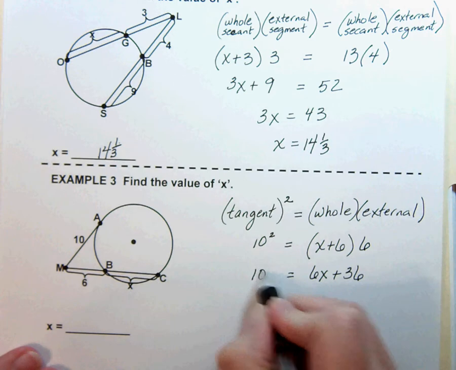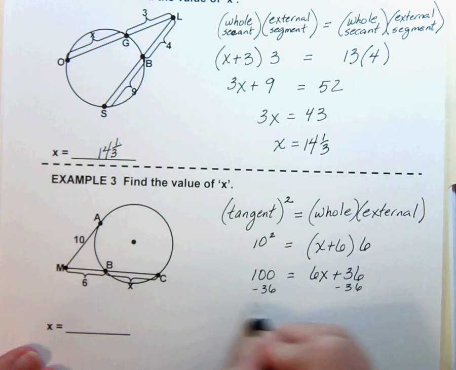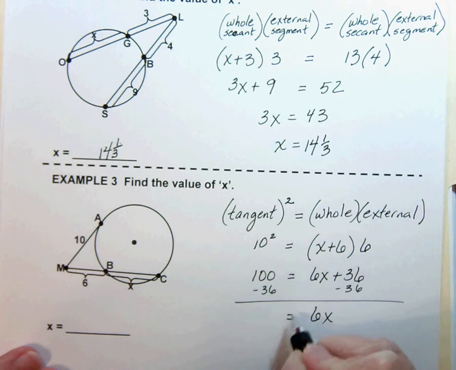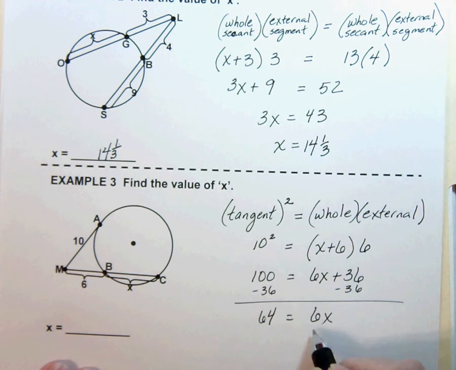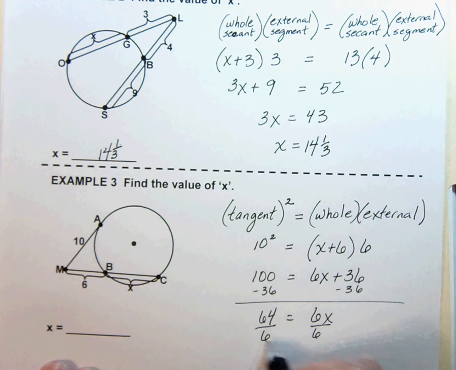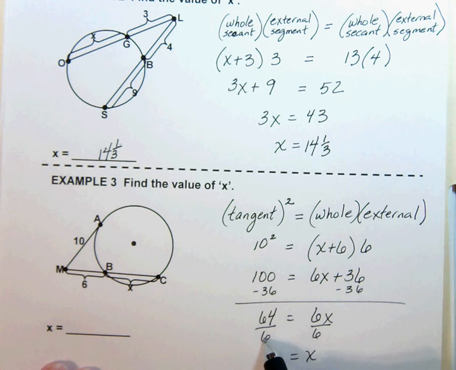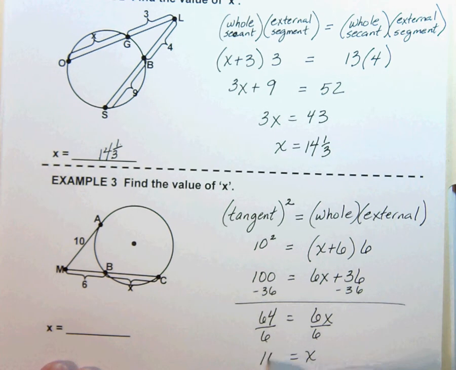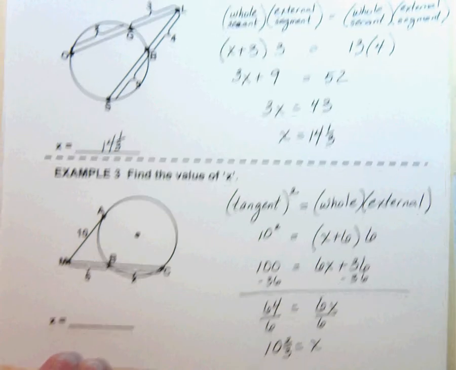10 squared is 100. You're going to subtract 36 on both sides. 100 subtract 36 is 64. Divide by your 6. So your x would equal, here's another one that comes out as a mixed number. Dividing 64 by 6 gives you 10 with a repeating 6, and that means 2/3. Let's review that real quick.